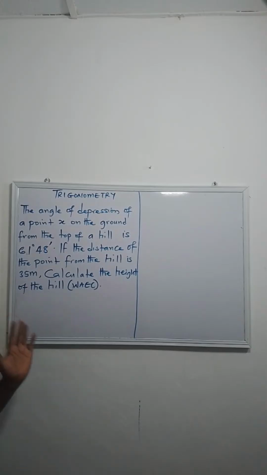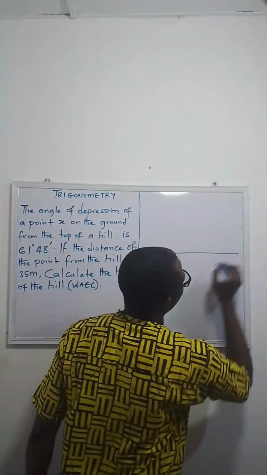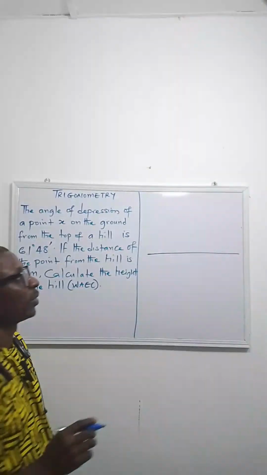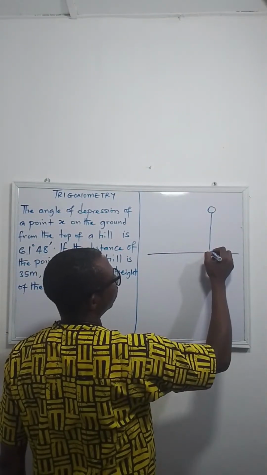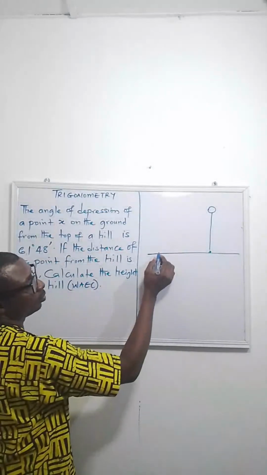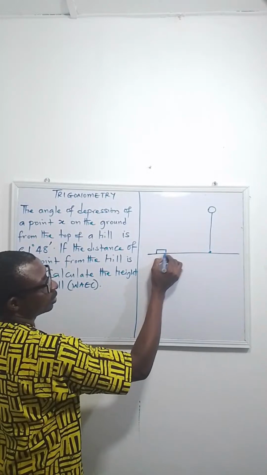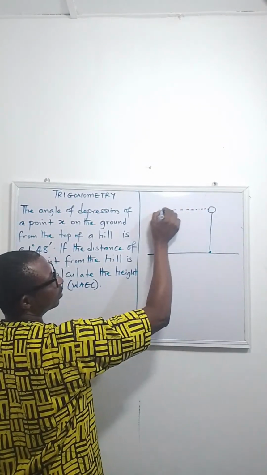Okay, so we are talking about angle of depression. Let me quickly remind you what we discussed in the last class. Now, if you have an observer here at the top, it needs to look at something that is on the ground. This is the observer looking straight.